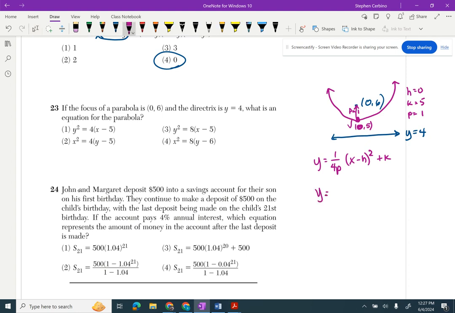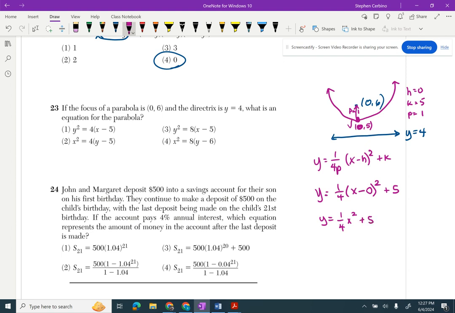So I could say y equals 1 over 4 times 1, which is 4, times (x minus 0) squared plus 5. Notice that's not a choice. So what we have to do is do some algebra here to get an answer. So we can say this is y equals 1 over 4. Anything subtracted 0 is just itself, so that's really just x squared plus 5.